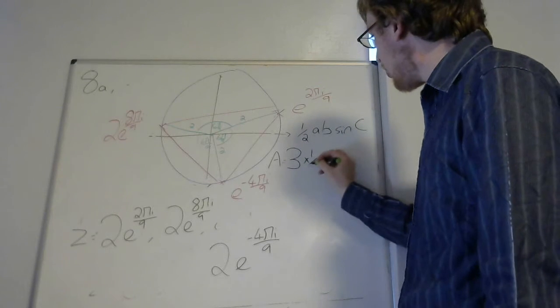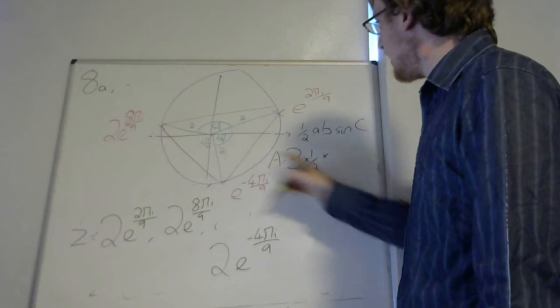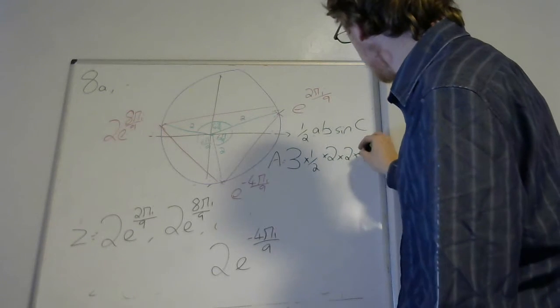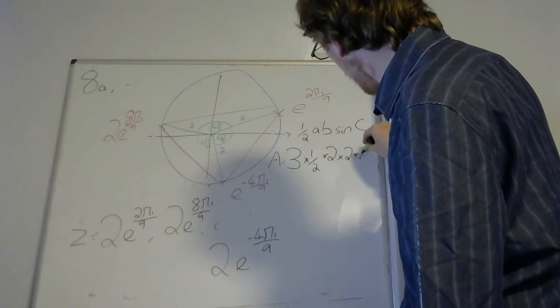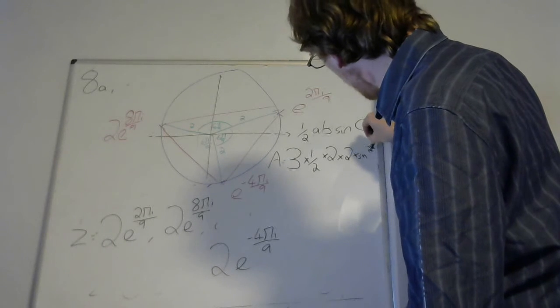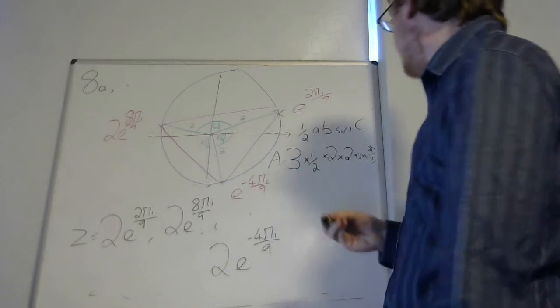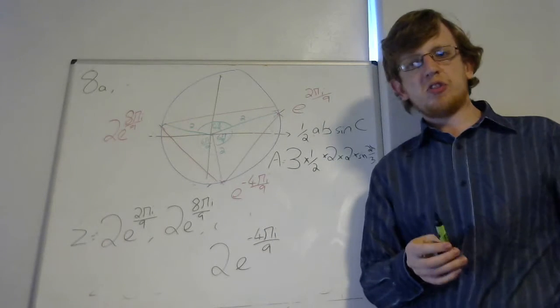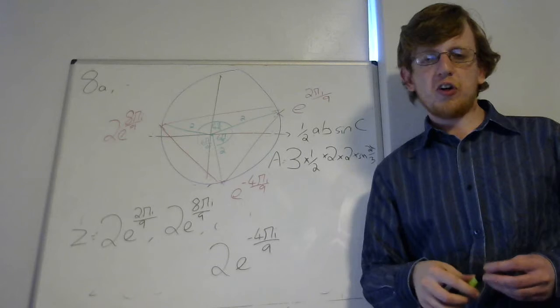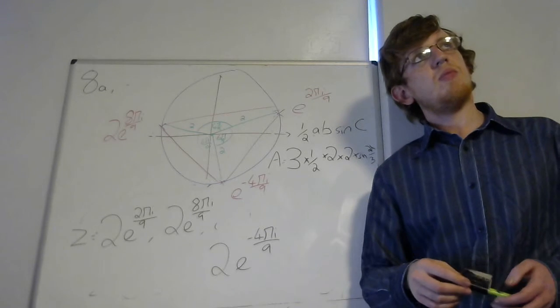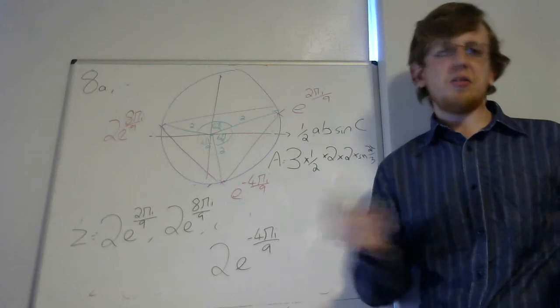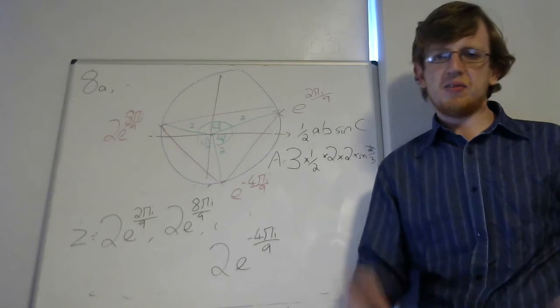So that's a half multiplied by 2 by 2 by sine of 6 pi on 9, which is sine of 2 pi on 3, which again is a common angle. So sine of 2 pi on 3 is, well, this is a common angle. You can take it from here.